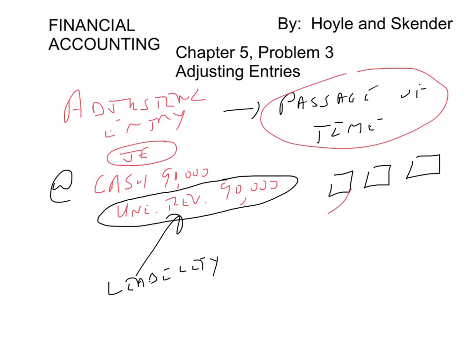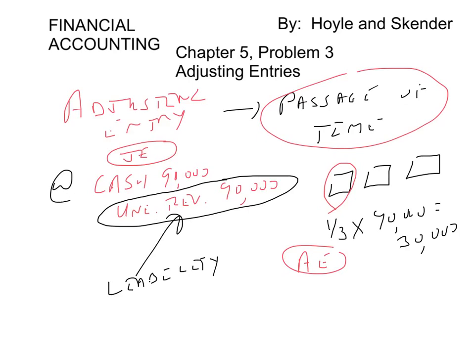In this case, the first of these jobs has now been done. The first month has passed. Therefore, 1/3 of the $90,000 has been earned, or $30,000. It's been earned by the passage of time. So what we need now is an adjusting entry to record that impact.